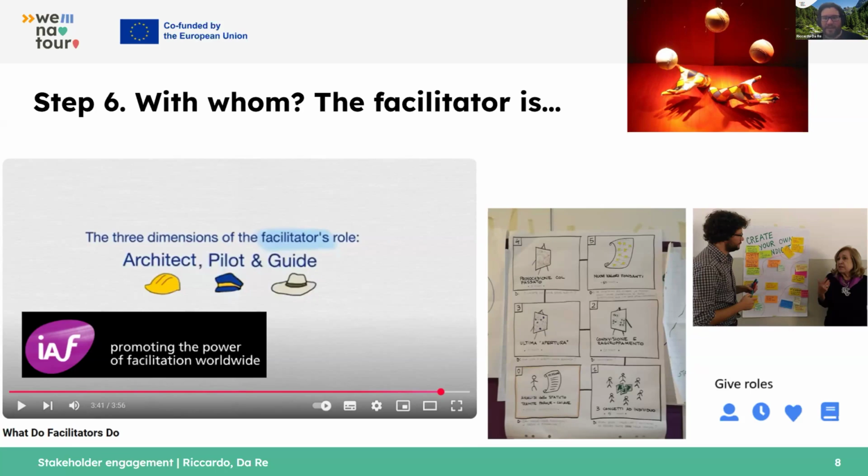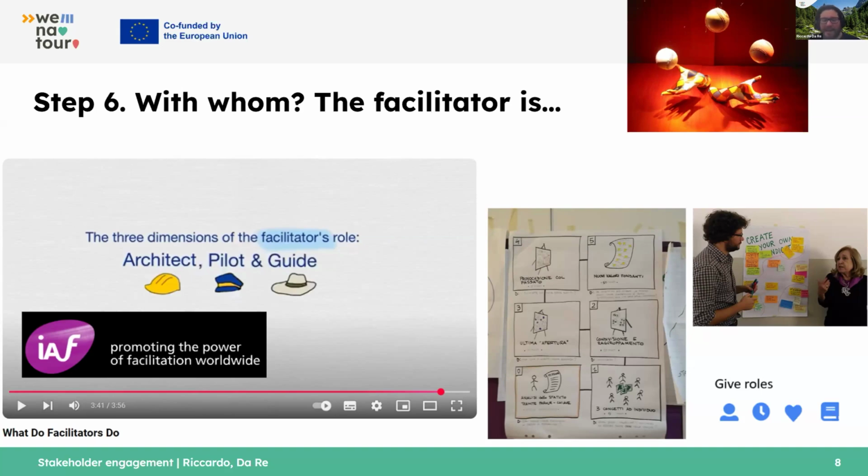When the agenda is ready, he or she is like a pilot, conducting the meeting, giving the rules, giving the roles, sharing the objectives, being able to handle unexpected events during this journey. But the facilitator is also a guide, because a stakeholder engagement process can be something unusual.